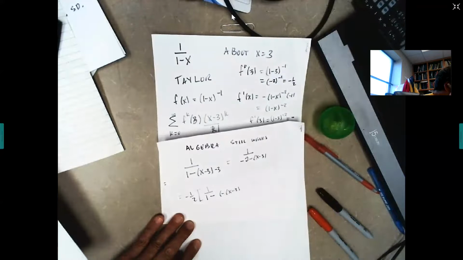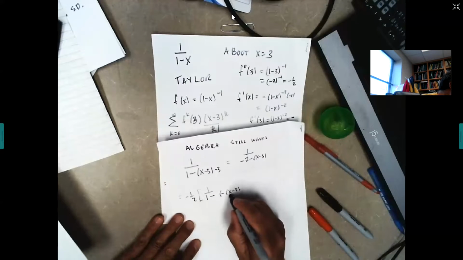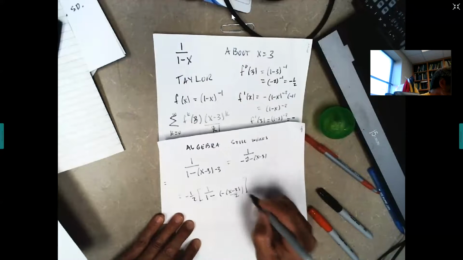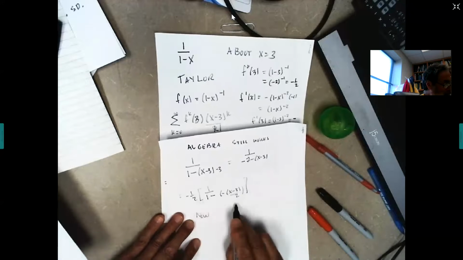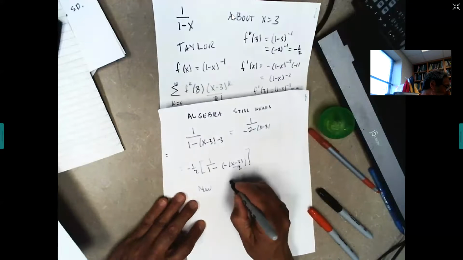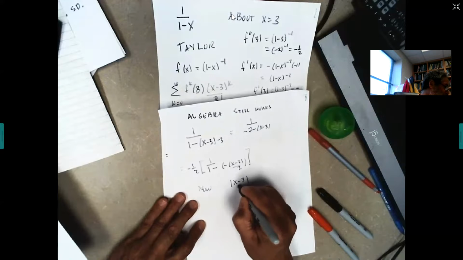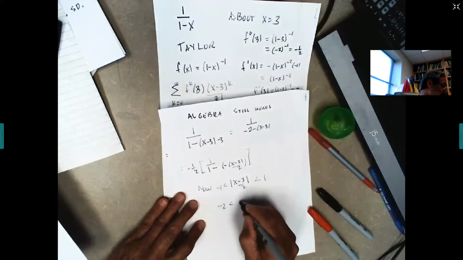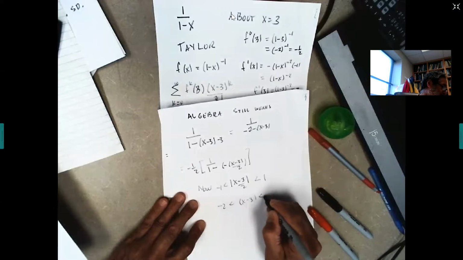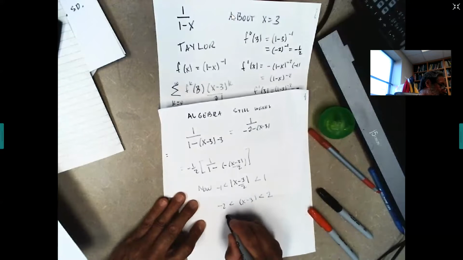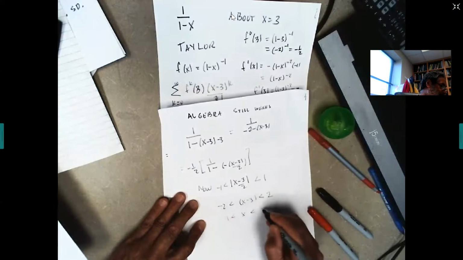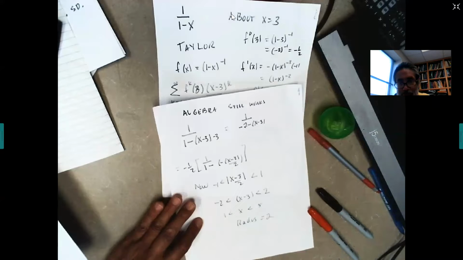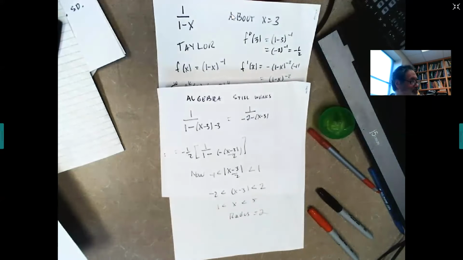But since you divide it out by 2, you get a 2 here, so when this 2 multiplies, it cancels it out. So now, to find the interval of convergence, we now know that x minus 3 over 2 is between 1 and negative 1, and it's just like before. Add 3 to both sides, and we get 1 and 5. The radius equals 2. So it works the same way.